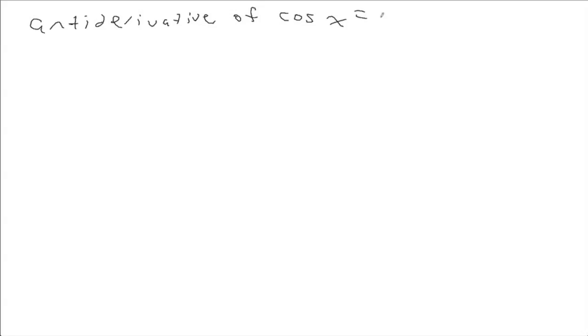So what's this? Antiderivative of cosine of x is sine of x. And what's this? Negative sine of x.